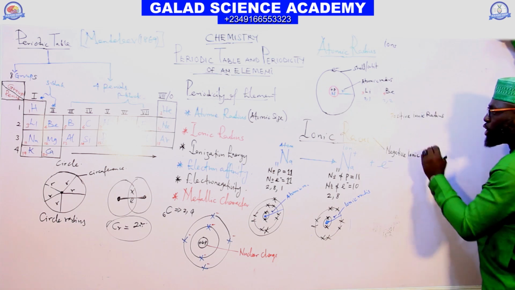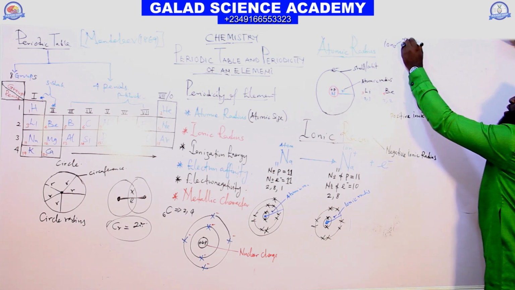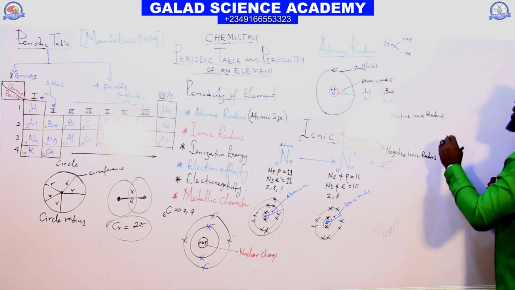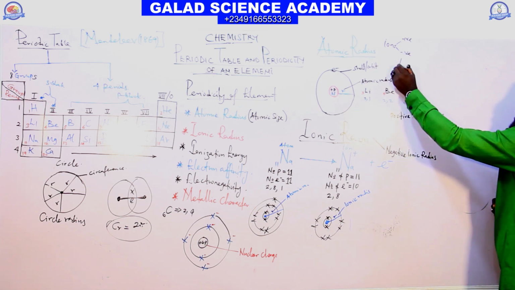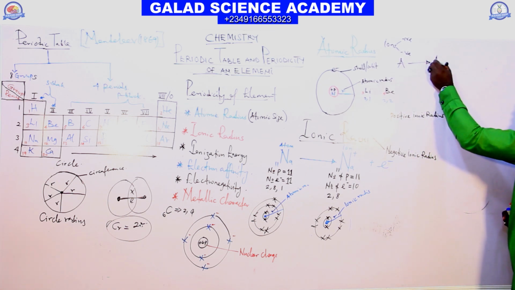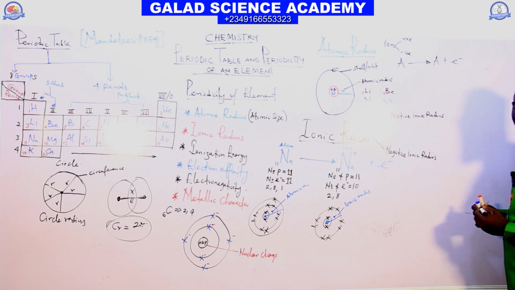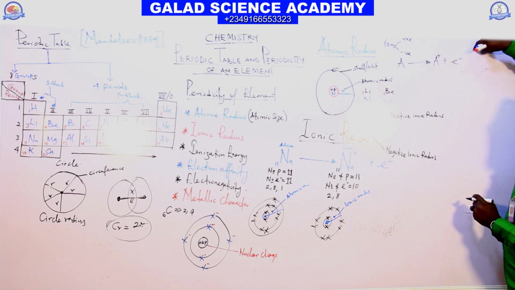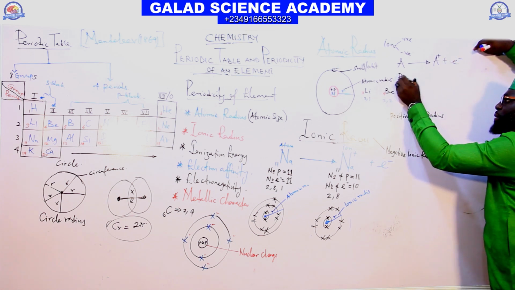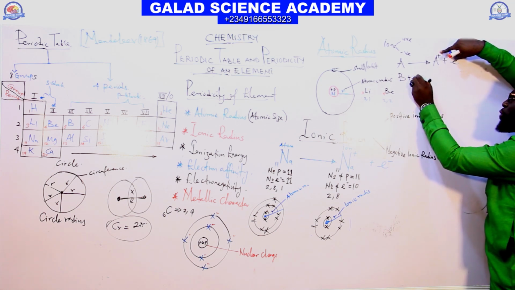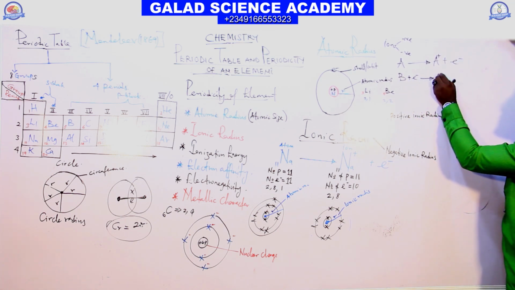The ions group into two: we have positive ions and negative ions. Take for instance an element A. When this A ionizes by losing one mole of electron, it becomes A positive. But if you have element B and it ionizes by gaining one mole of electron, it will become B negative.